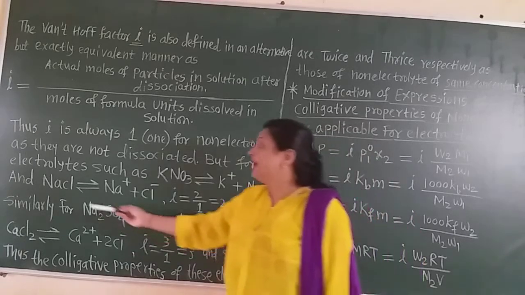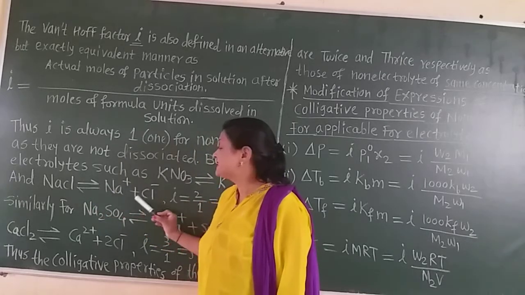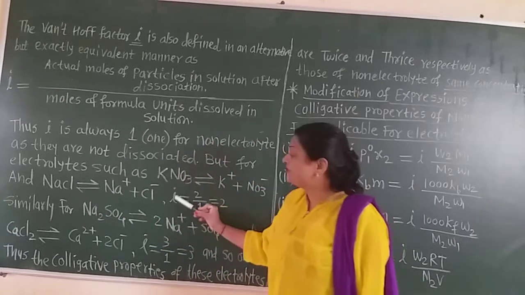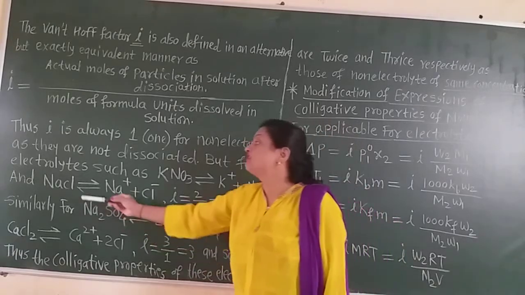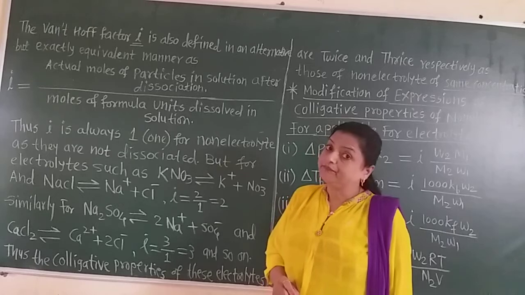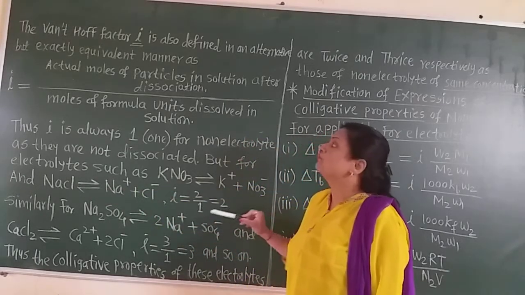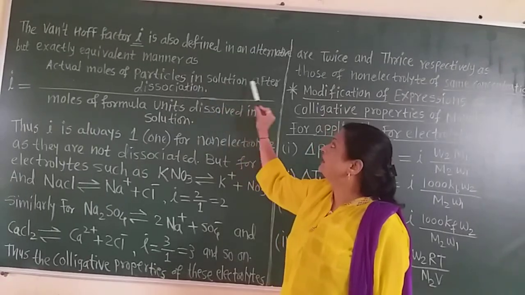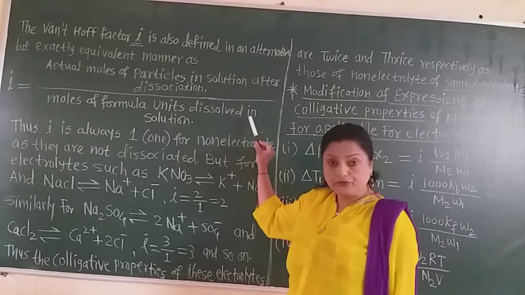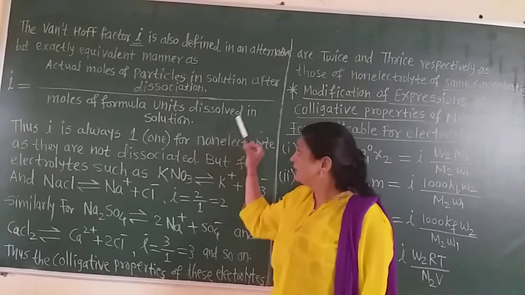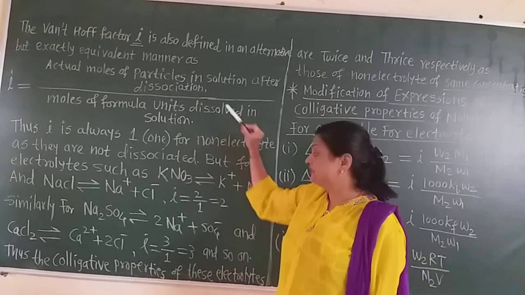Also for NaCl, it dissociates as Na+ and Cl-. So i is equal to, here also, 2 ions if there is 1 formula unit. So 2 divided by 1 is equal to 2. So actual moles of particles in solution after dissociation divided by moles of formula unit dissolved in solution: i can be calculated by using this formula.